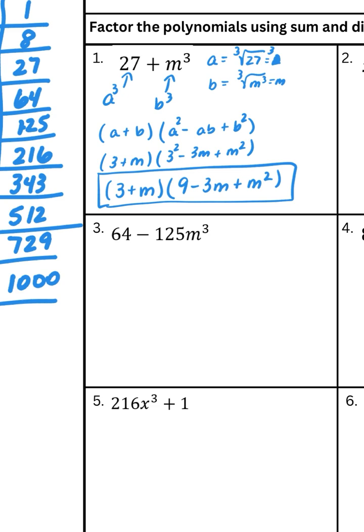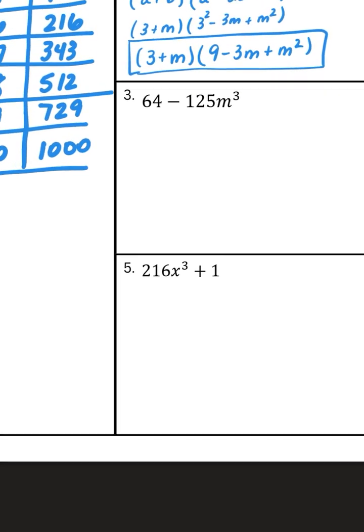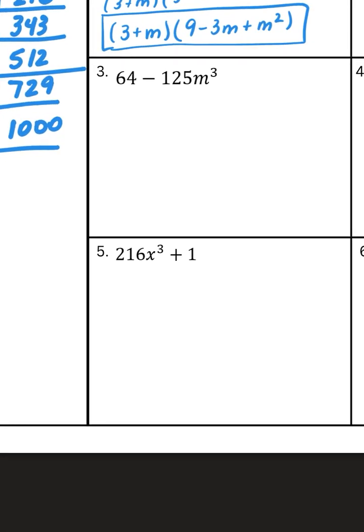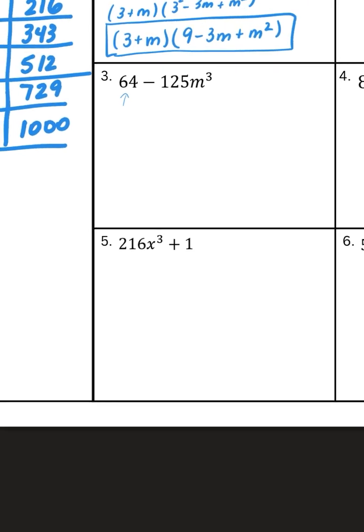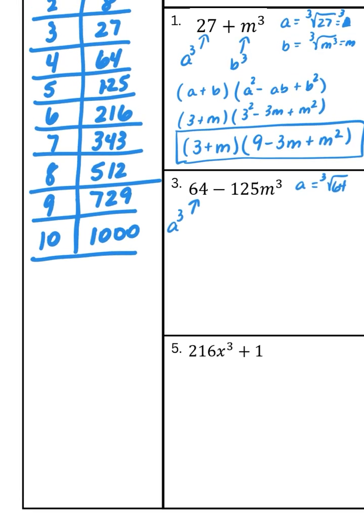Okay? I'm just going to stay on this side. I'm going to have you guys do the other ones by yourself. All right, so 64 and 125. So here A cubed is 64. So I'm going to find the cubed root. I can look over here at my handy dandy chart.